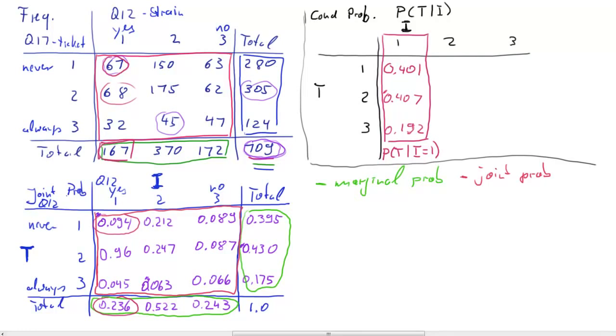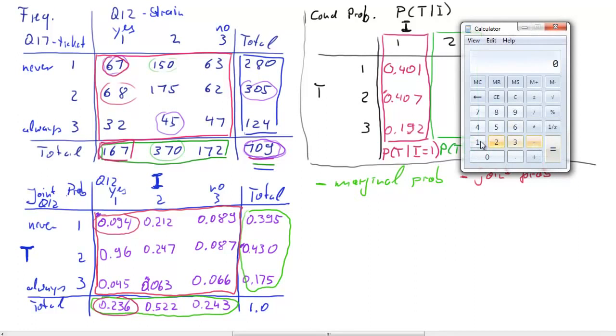Now what we can do is calculate this conditional distribution also for conditioning on I being equal to 2, so the probability of t conditioning on I equals 2. So now we are calculating the probability for t conditioning on the answer to the immigrant strain question being in the medium range.